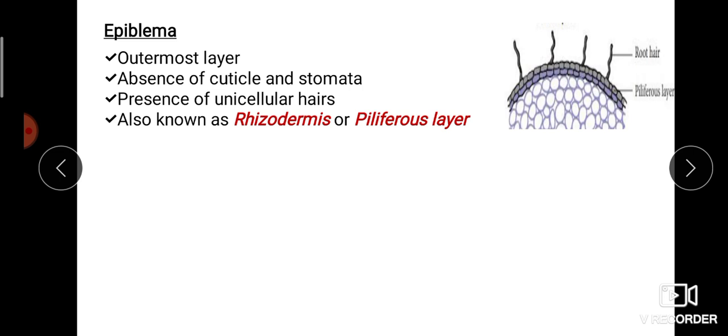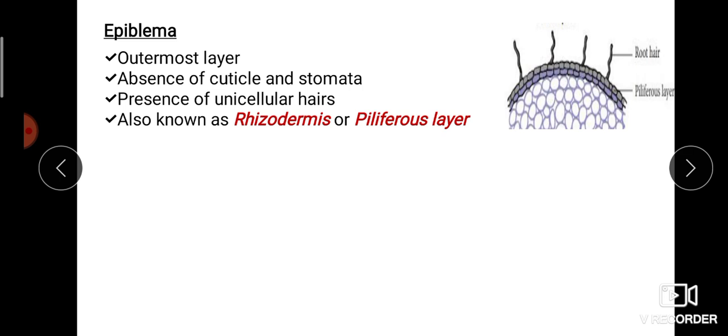Unicellular hairs like root hairs are present in the epiblema. It is also known as rhizodermis or piliferous layer. Okay, so this is epiblema.